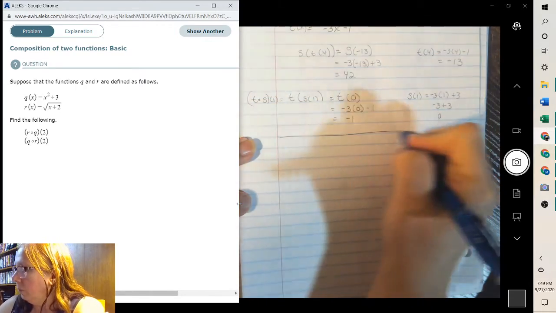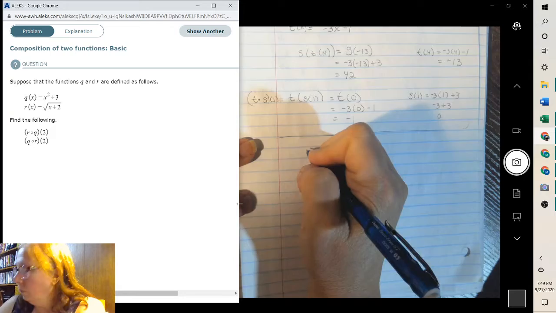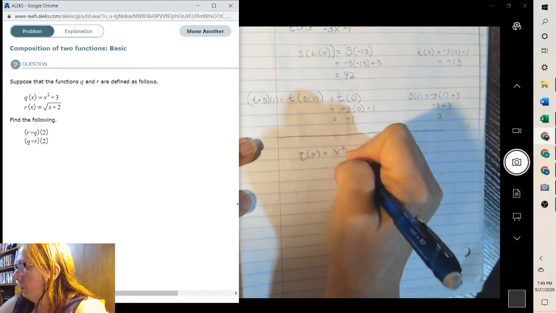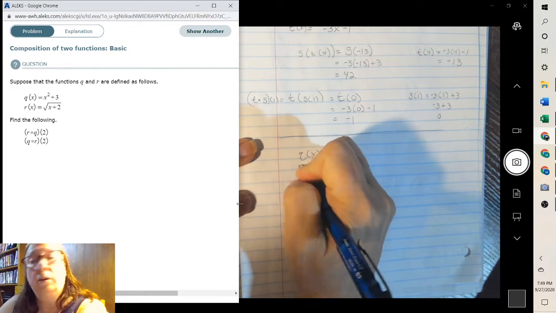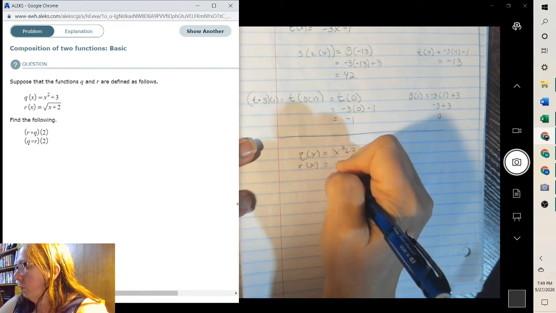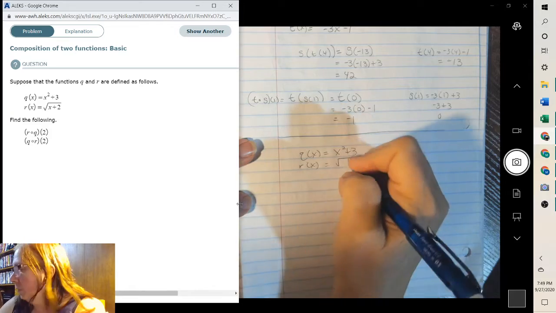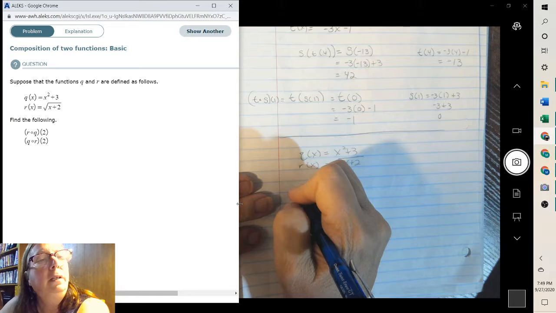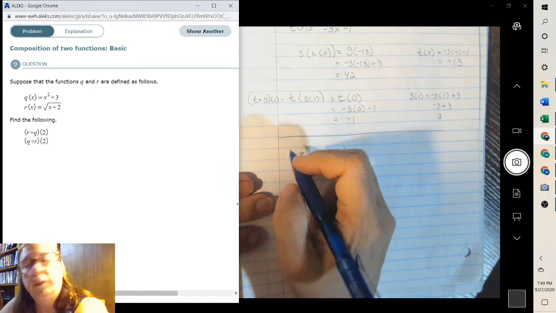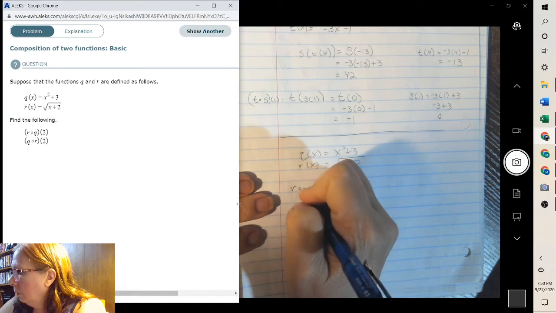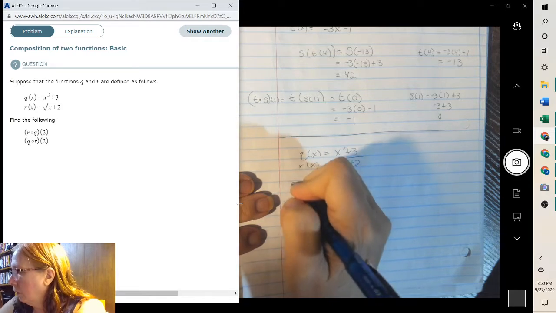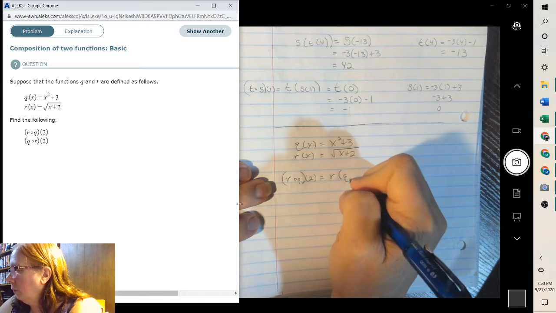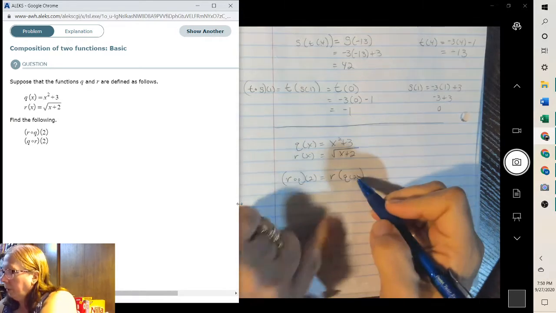So in this case we have q of x equal to x squared plus 3, and r of x equal to the square root of x plus 2. If we want to find the composition r of q of 2, we're plugging 2 into q.